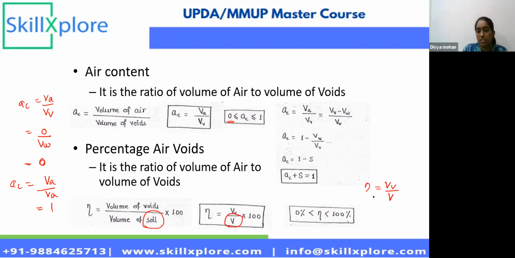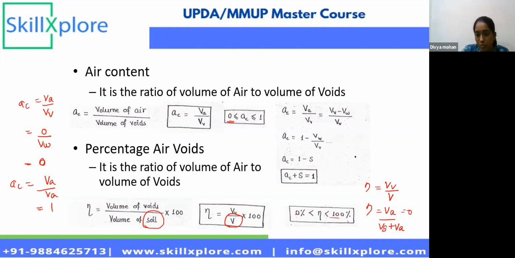For dry condition, VV will be completely filled by air. For fully saturated soil, VA will be equal to 0. So it can take a value of 0%, and also up to less than 100%.